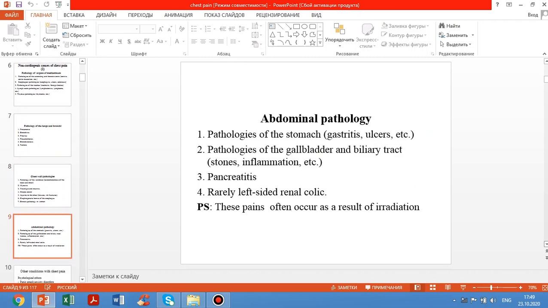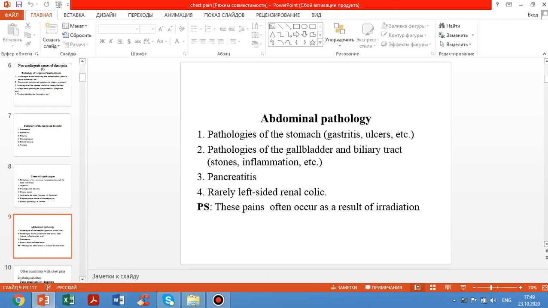Abdominal pathologies, such as pathologies of the stomach like gastritis, ulcer, and so on. Pathologies of the gallbladder and biliary tract, stones, inflammation, etc. Pancreatitis, rarely left-sided renal colic.